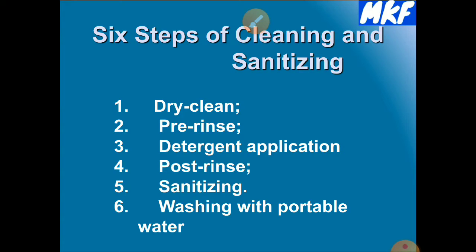Different kinds of halogen groups are available: chlorine, sodium hypochlorite, chlorine dioxide, quaternary ammonium compounds, and iodine. Most food processing industries extensively use sodium hypochlorite, chlorine, and chlorine dioxide as disinfectants. We sanitize the food contact surfaces and food processing areas with different concentrations as per the guidelines.